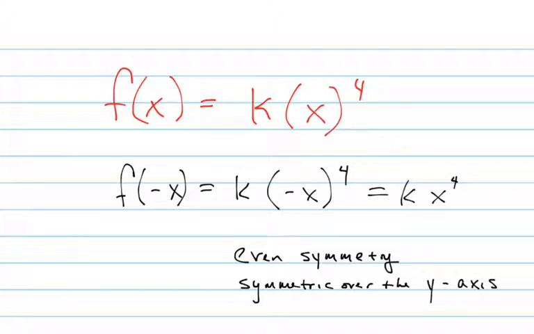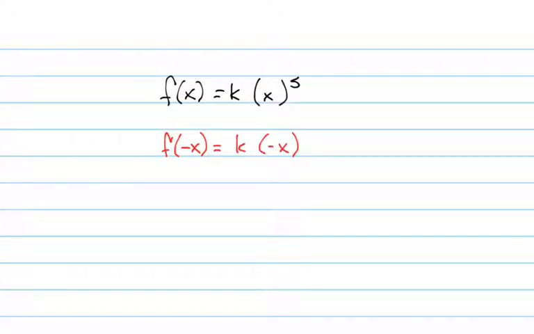The other option with positive integers, or even with negative integers, is that p could be an odd number. If p is an odd number, let's just go to 5, then when I evaluate f of negative x and raise negative x to the 5th, I get a negative, because a negative raised to an odd power is negative.